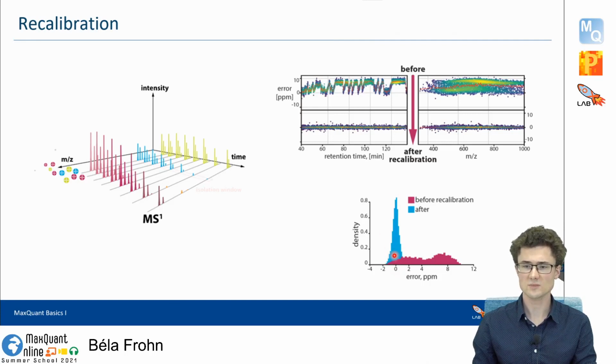Before, it was totally stretched to the right and definitely a systematic error. So our recalibration gives us more or less random error. And after that, we can do our second search, which should now result in a much better peptide identification.